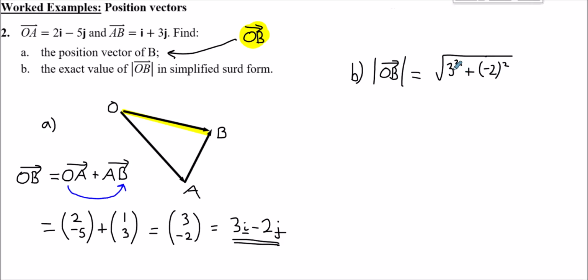And so 3 squared plus minus 2 squared, 9 plus 4, which is simply 13, which won't simplify because there's no factor of 13 that's a square number greater than 1. And so the magnitude of OB is root 13.